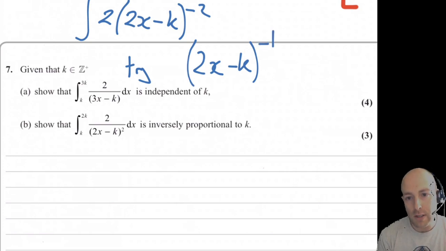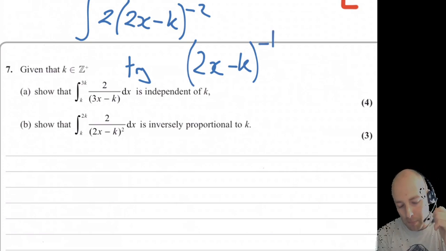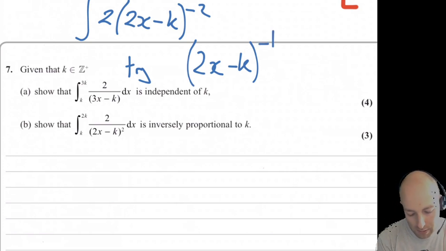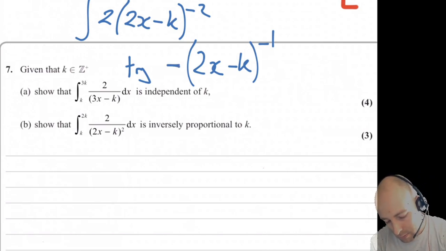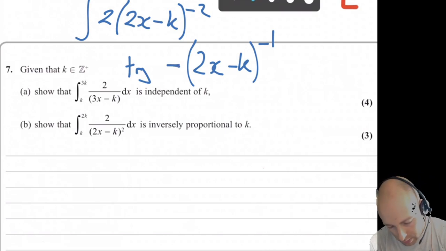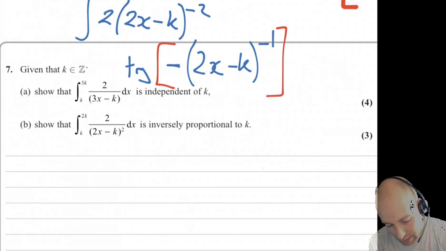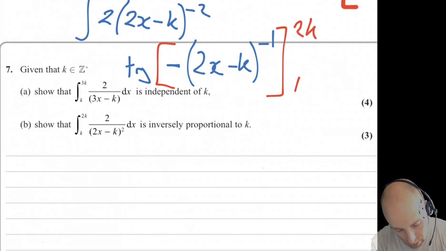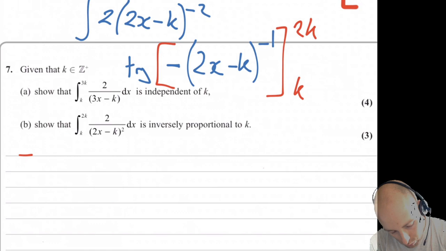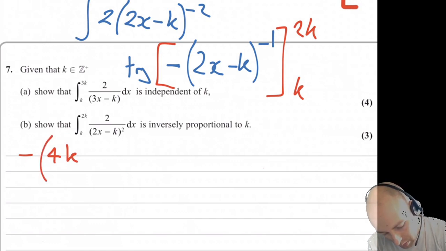And if we differentiate that, we'd get 2 out the front, but we'd also get minus. We need to tweak it by putting a minus out the front first. So that's our answer. Again, subbing in 2k and k this time. So we're going to get minus 4k take k, the minus 1.